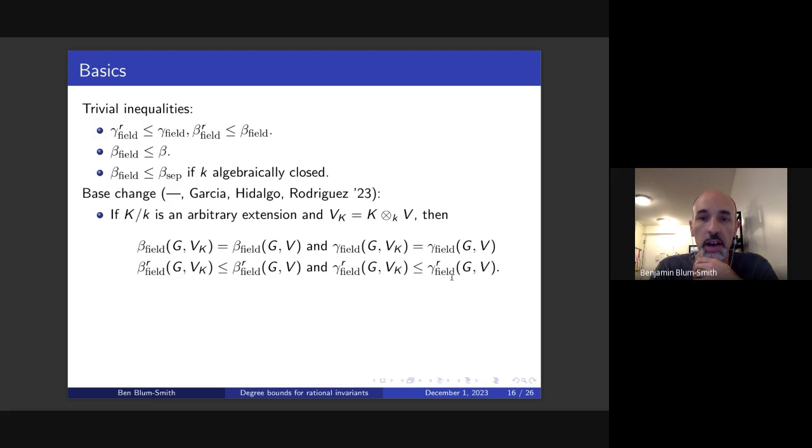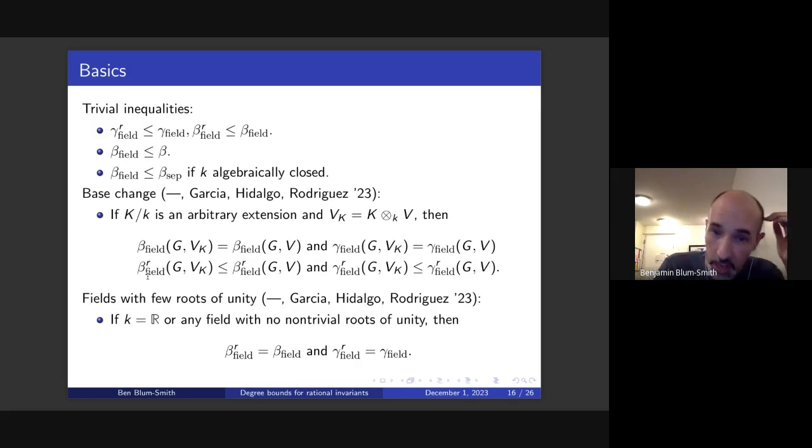And when we allow ourselves rational generators, base change actually does create the possibility of lowering the generation degree, essentially because there exist invariants in low degree over a bigger field that don't exist over a smaller field, because they consist of ratios of semi-invariants that are only defined over that bigger field that has some roots of unity in it that the little field doesn't have.